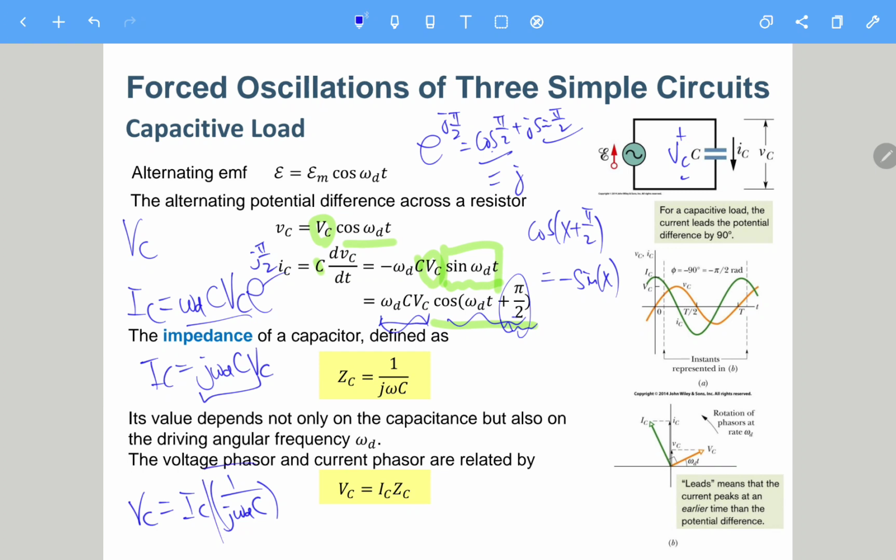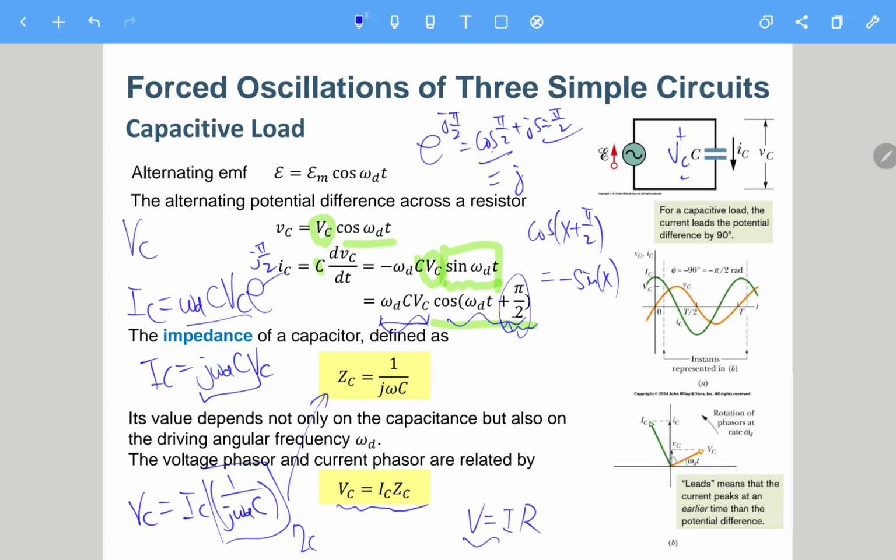If we assume this one is the impedance Z, so we make this Z_C, the impedance of the capacitor, to be 1 over j omega C. Here it is omega_d, but generally we can just write 1 over j omega C. So this is the impedance of the capacitor. If we put it in here, it becomes V_C equals I_C Z_C. It also looks like the V equals IR form.